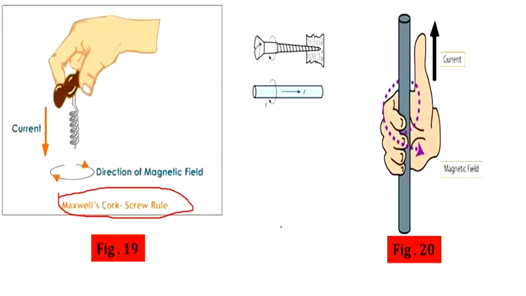You just recollect all those things. Corkscrew rule says to see the direction of magnetic field, the direction of current, and the direction of rotation. So it shows the direction of rotation, direction of magnetic field, and the direction of current.